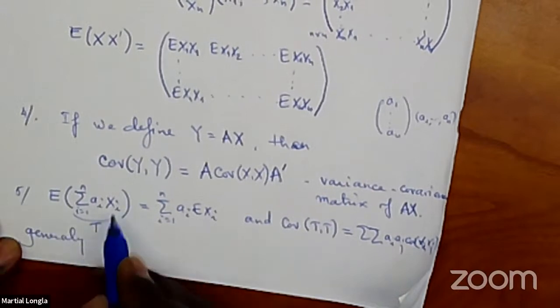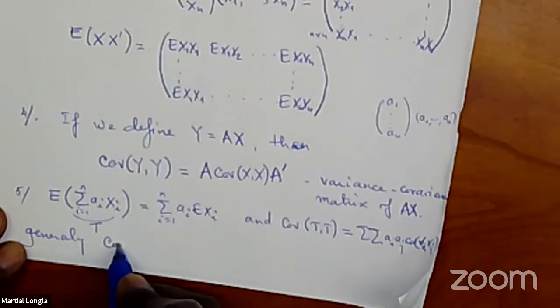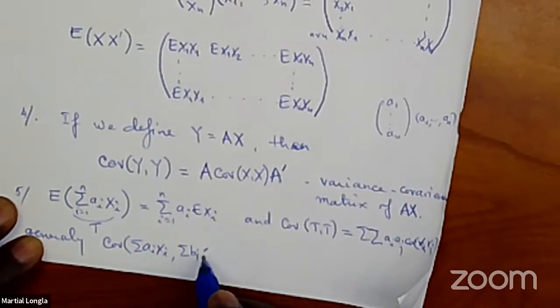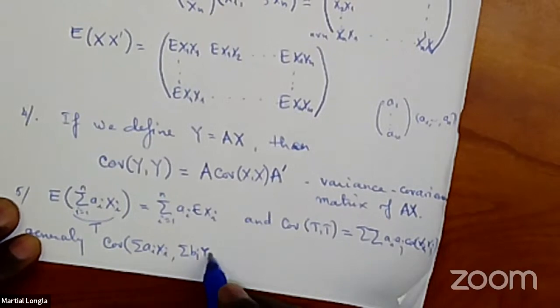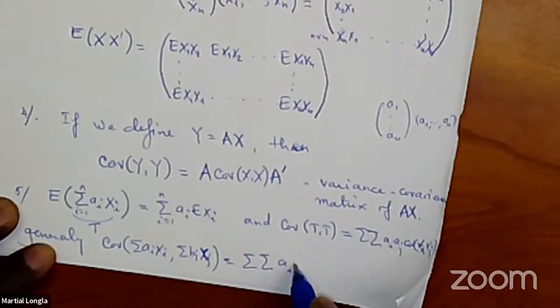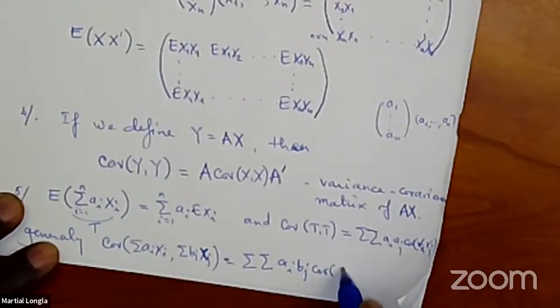Generally, you would say the covariance of the sum of a_i x_i and the sum of b_j y_j, well, it doesn't have to be x anyway, so y, that will be equal to the double sum over i, j of a_i b_j times the covariance of x_i, y_j.